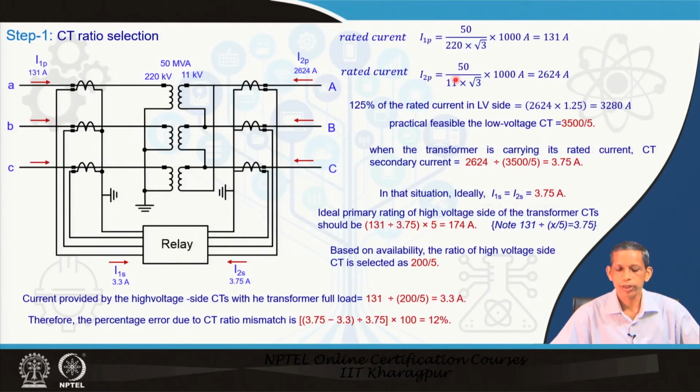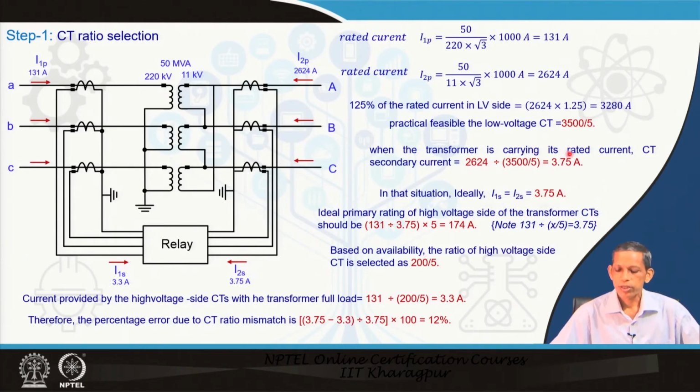These are the two rated currents, high voltage and low voltage respectively. Now, as I already mentioned, some utilities follow 125% of the corresponding current rating for the CT selection. So, 125% of this low voltage current is 3280 ampere. CT selection is based on availability: 3500:5.